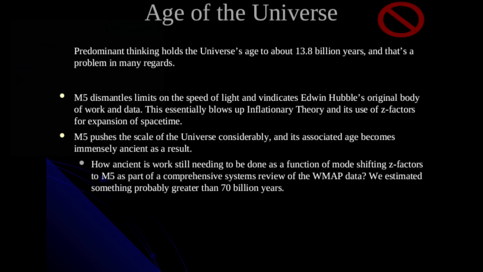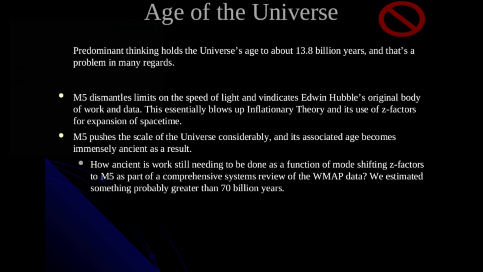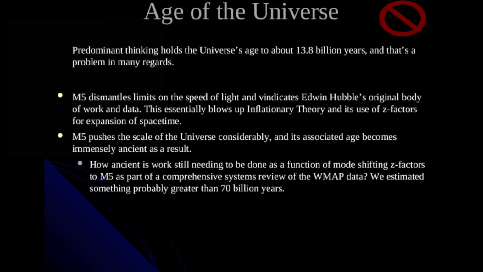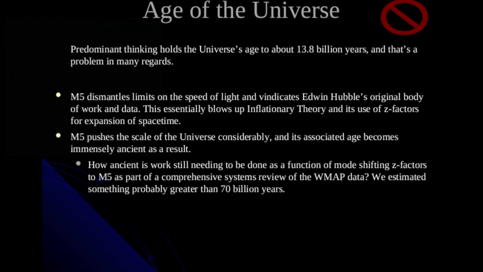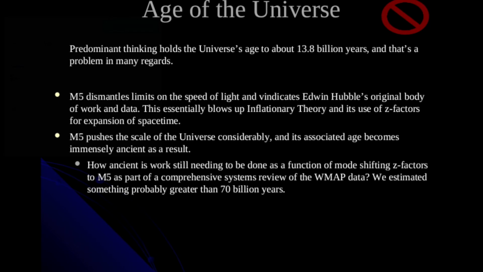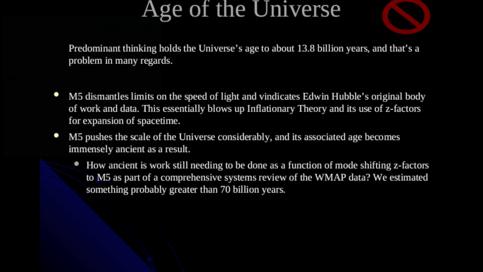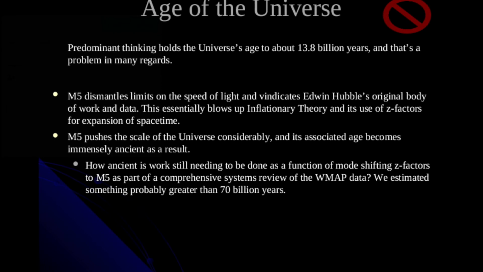And we collectively need to do a systems review on all of that and really go back through the WMAP data, something that we didn't have the resources and don't have the resources to do. But our expectation is that we will come on some number for an age of the universe that exceeds 70 billion years. It may be, numbers that I've come up with just from my meager little effort, some of them were around 120 billion, and I've seen some as low as 70, but it depends on the Z factors and the particular sets of stuff.